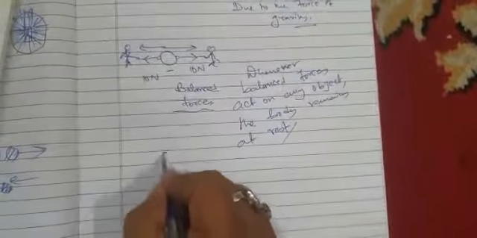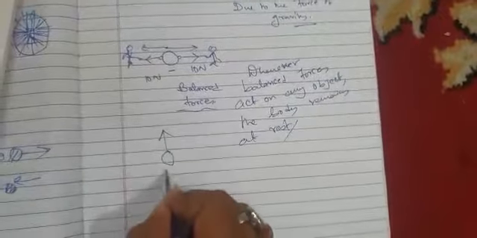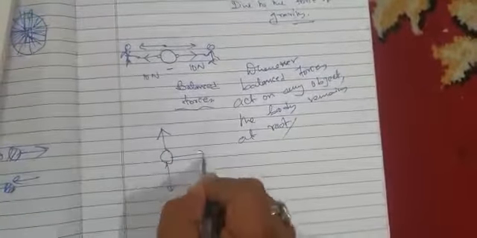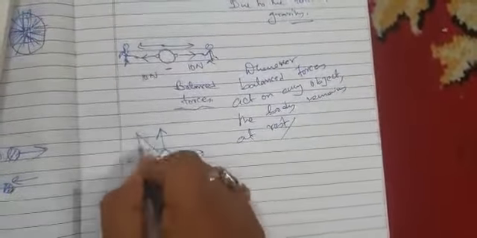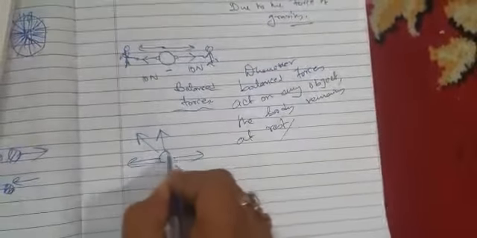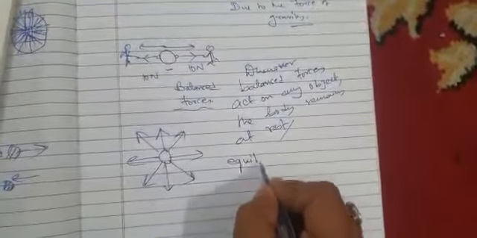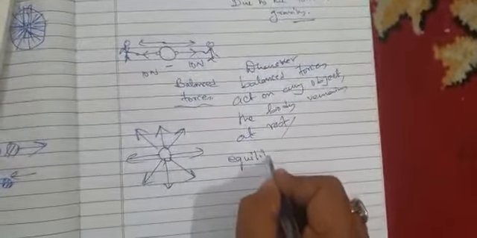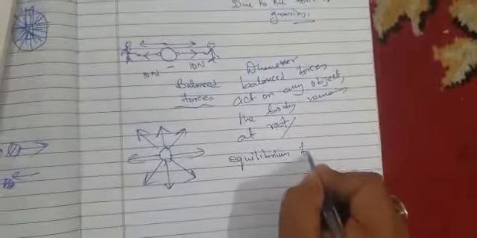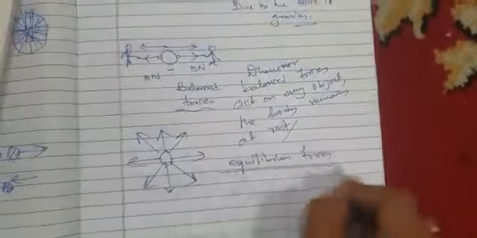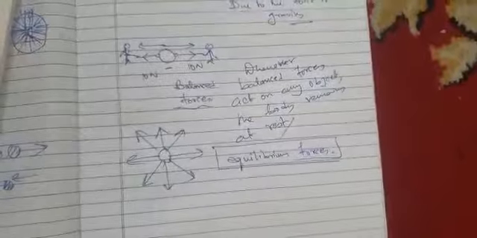It may be so that the object is being pulled this side, this side, and from many sides, but there should be equal and opposite forces from all the sides. These are also called equilibrium forces. Balanced forces are also called equilibrium forces.